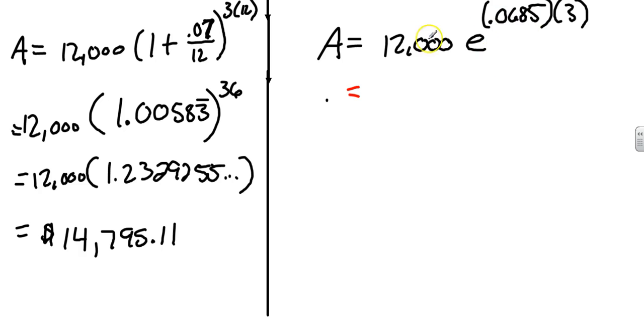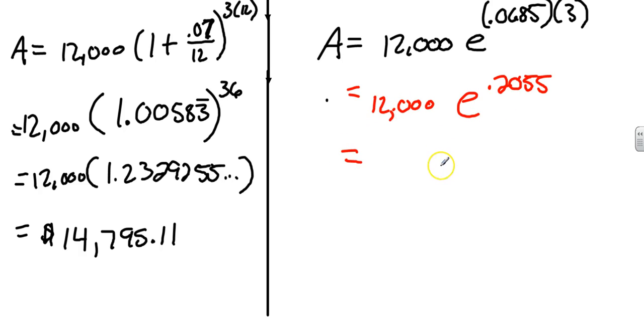Okay, for this one, for the Pe^(rt) formula, depending on the calculators, I'm going to go ahead and do the 0.0685 times 3. So that's e to the 0.2055. So that's 12,000 times that.